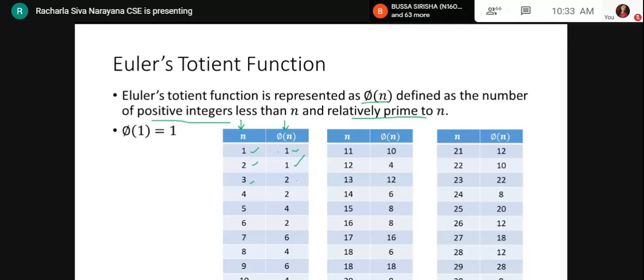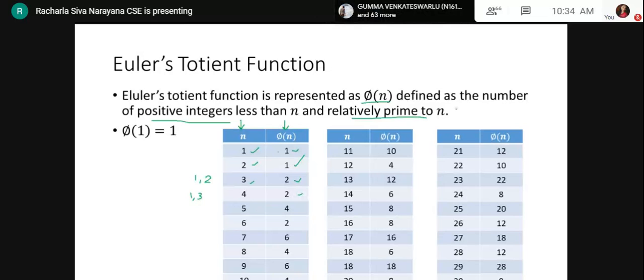For 3 we have two relatively prime numbers, 1 and 2. 3 and 3 are not relatively prime, because the common factors are 1 and 3. For 4, 1 is relatively prime. 2 is not, because the GCD of 2 and 4 is 2. 3 is relatively prime, because the GCD of 3 and 4 is 1. So the count is 2.